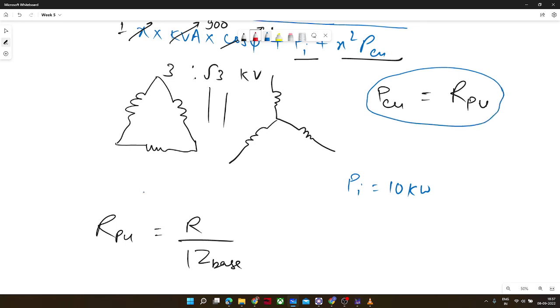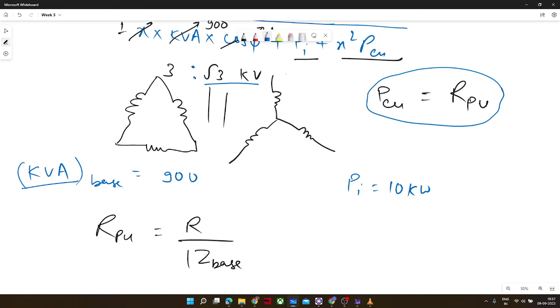Now the entire mission is to calculate copper loss here, and we will take some base values. The kVA base will be 900. And some voltage. The voltage will change, since from the star side the voltage would be in star format.